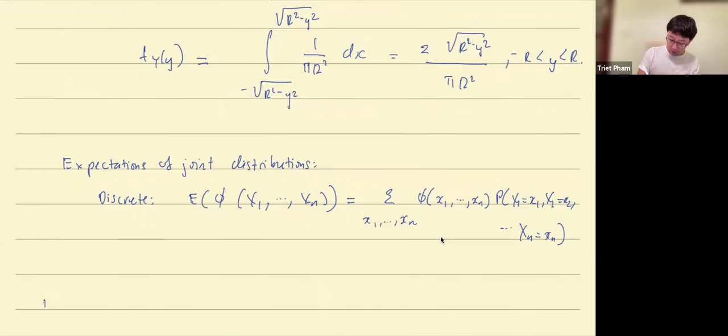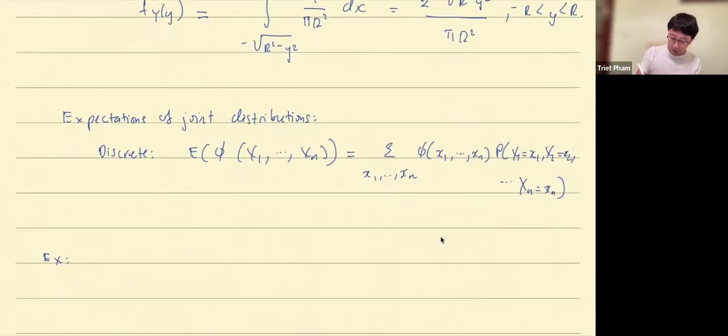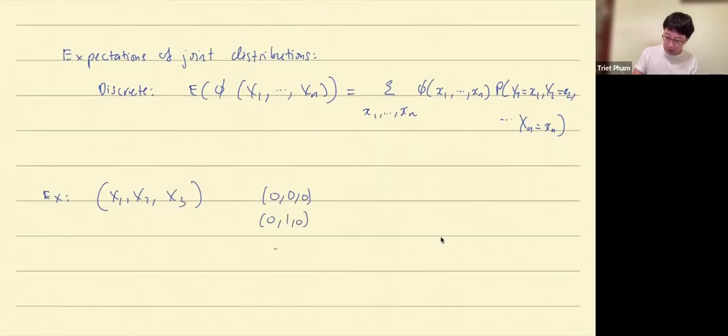So, for example, remember that one where we look at x1, x2, x3 taking on possible values 0, 0, 0, 0, 1, 0, etc., up to 1, 1, 1. 8 possibilities.